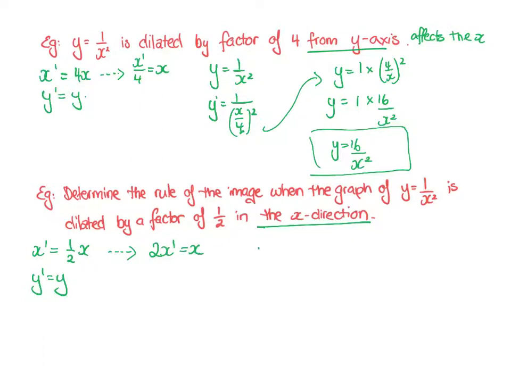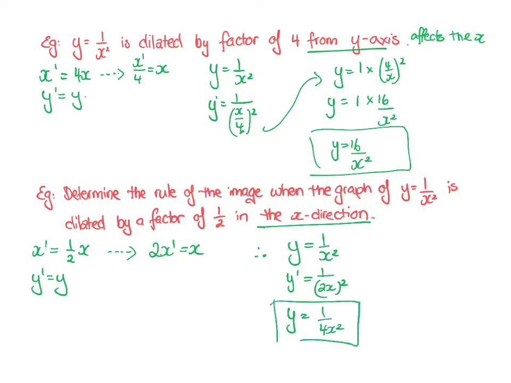Therefore, if I write the formula out as it was, but now using the image x, I put 2x, squared, and you'll see we get 1 over 4x squared. And that is our image formula. Okay?